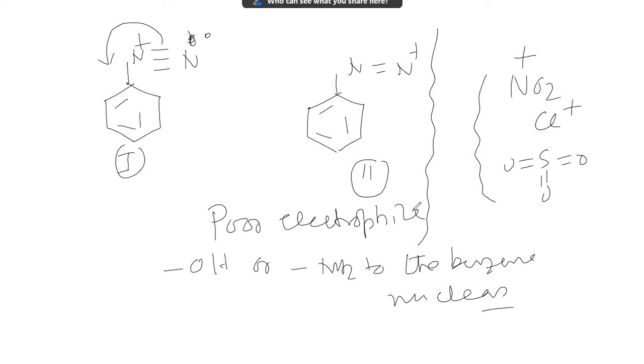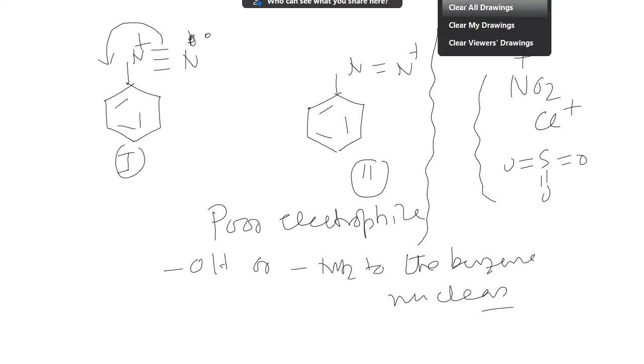Now look at what happened when we put an OH group or NH2 group on the benzene nucleus. Suppose it is benzene with OH. Because the phenyl group is electron attracting, it pushes electrons over here. So the phenolic group is acidic.